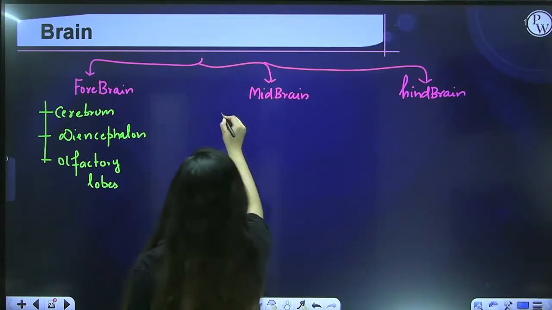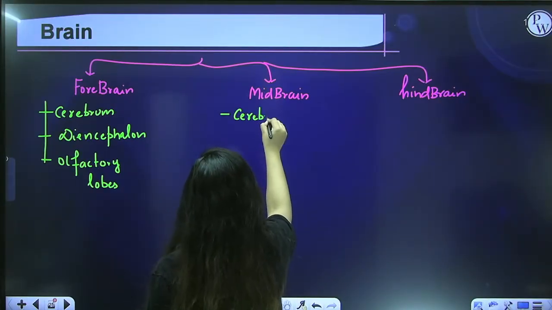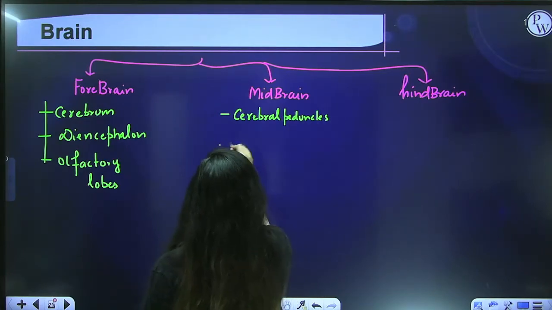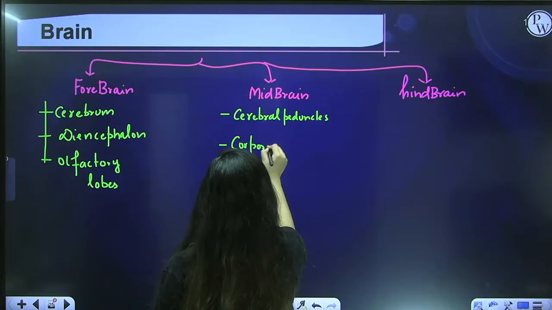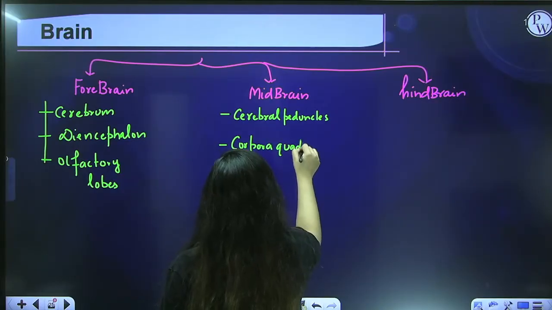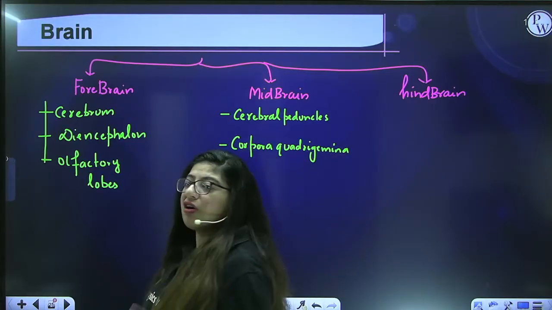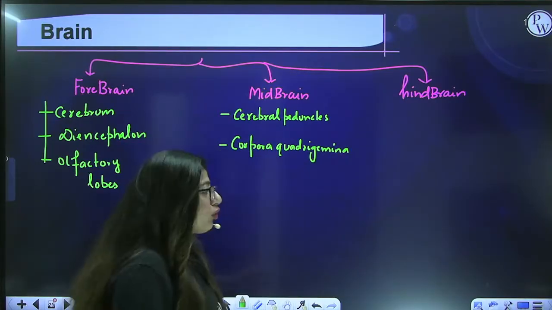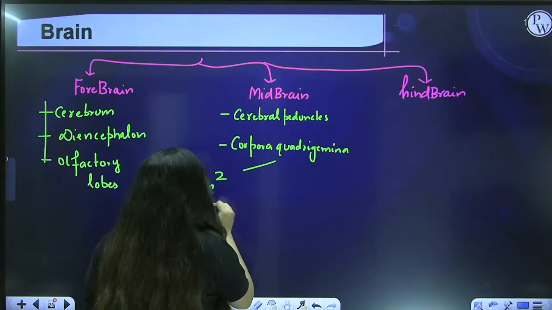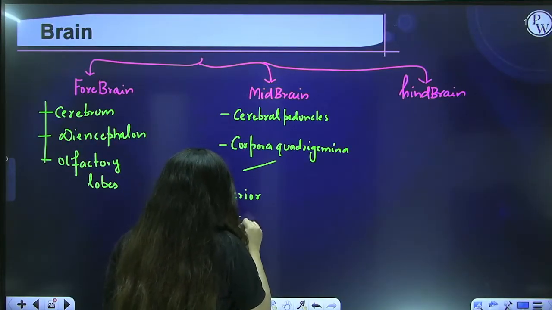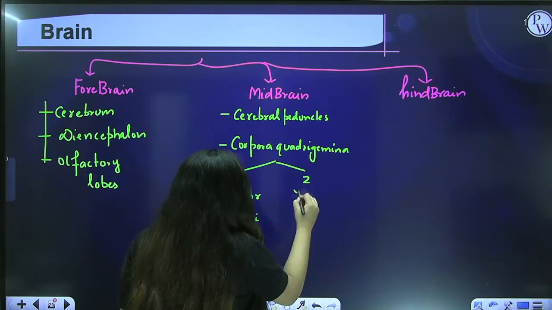Then in midbrain we have cerebral peduncles and corpora quadrigemina. Corpora quadrigemina, because its name is like quad. Quad means 4. So it consists of 2 superior colliculi and 2 inferior colliculi, right?